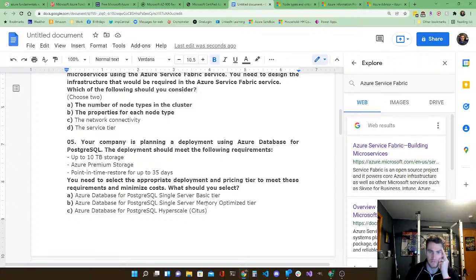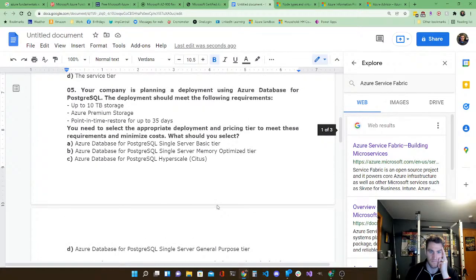Single server memory optimized. Okay, so the different kind of server levels. Memory optimized. 10 terabytes of storage, that's not memory, that's storage. And we're not really talking about memory at all. So I don't think that necessarily makes sense.